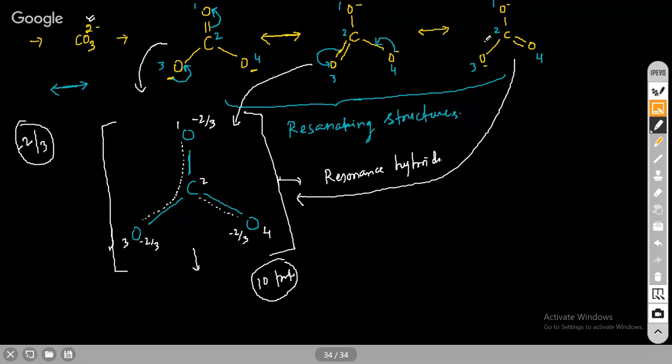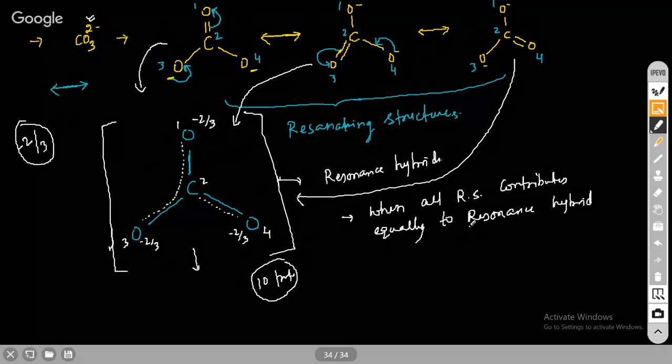So write down this point: when all resonating structures contribute equally to the resonance hybrid, then they are called equal contributors.